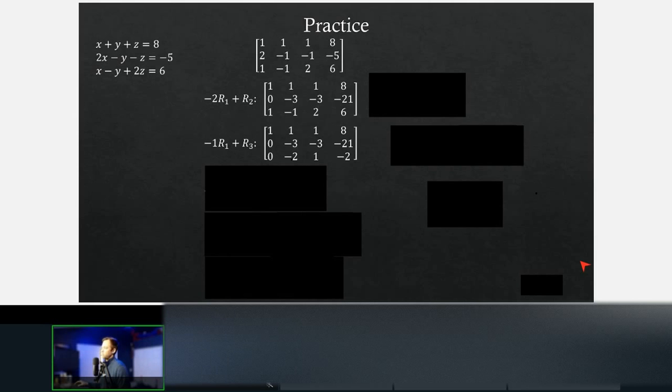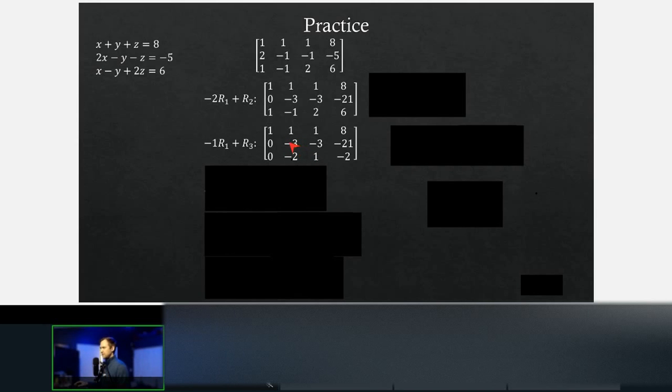Or not operation, what is our goal next? Are we done? Okay, yeah. So we're trying to get a 1 in row 2, column 2. Yeah, both of you are correct. Our goal is to try to make this a 1.